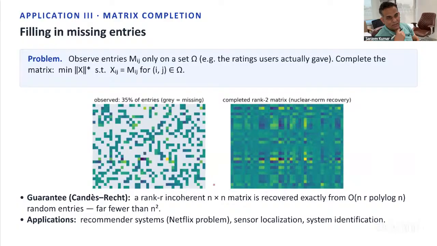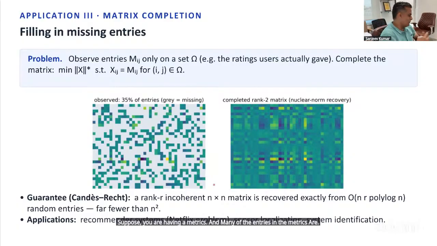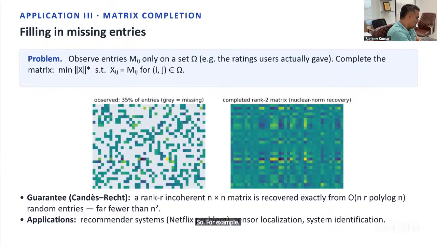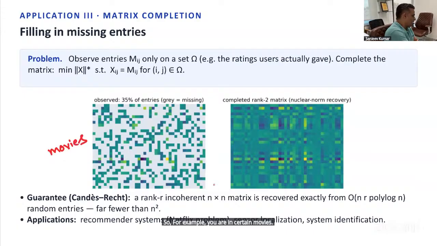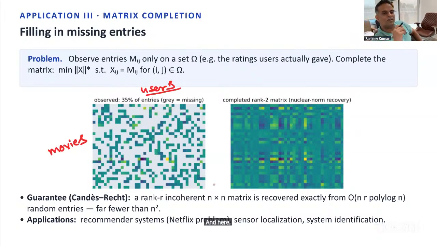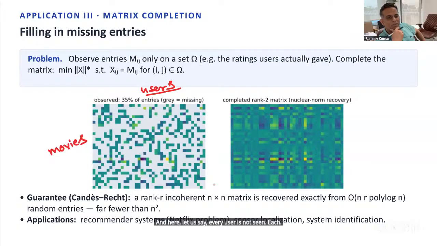Suppose you have a matrix and many of the entries in the matrix are missing. For example, on the rows you have certain movies and on the columns you have users. Let us say not every user has seen each and every movie.